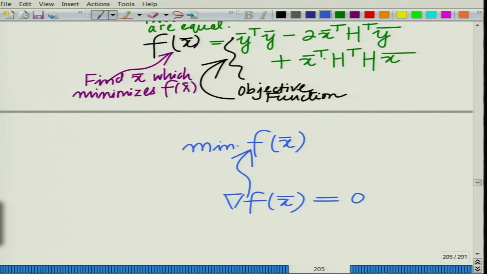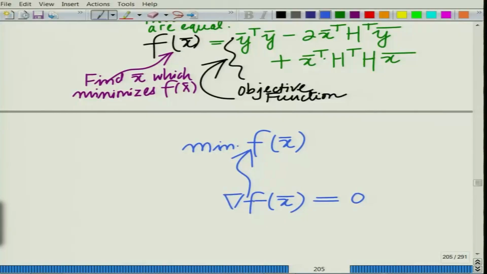In this case it will of course be a minimum, because this is unbounded. You can clearly see you can take this as close to infinity as possible. So when you find a stationary point, this is going to be a minimum. So you set the gradient equal to 0. This is the KKT framework, a very standard framework in optimization, and it is very intuitive.